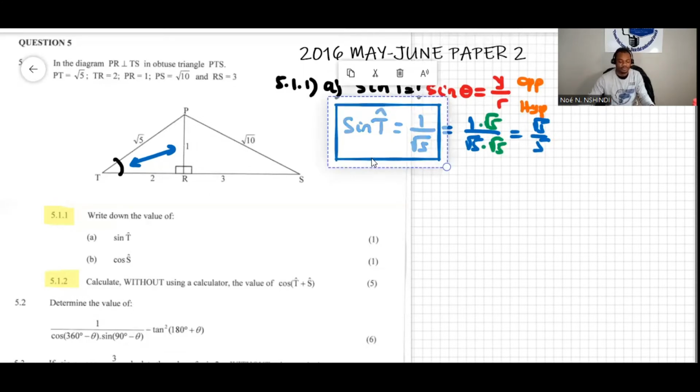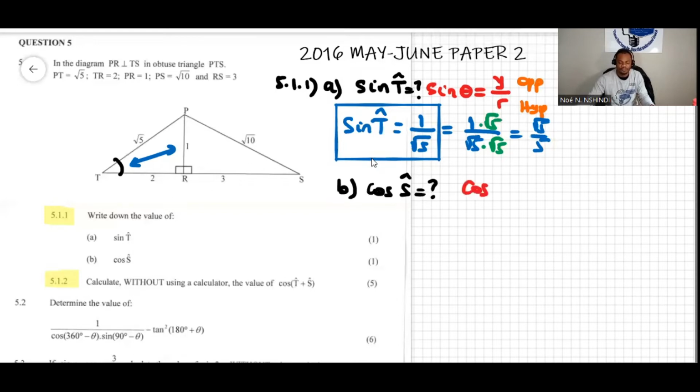Same also, question 5.1.1b says I want to find cos of S. From the trig functions, we know that cos of an angle theta is equal to x over r, which is adjacent to the angle over the hypotenuse.